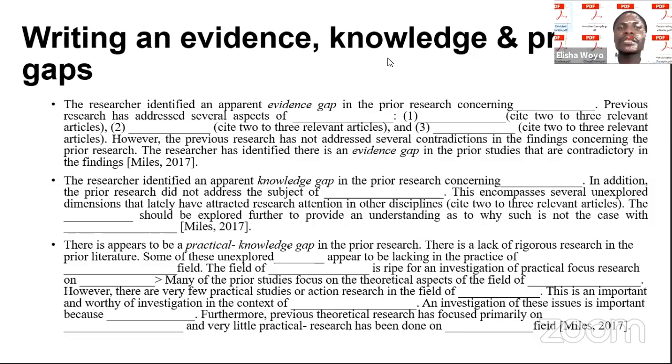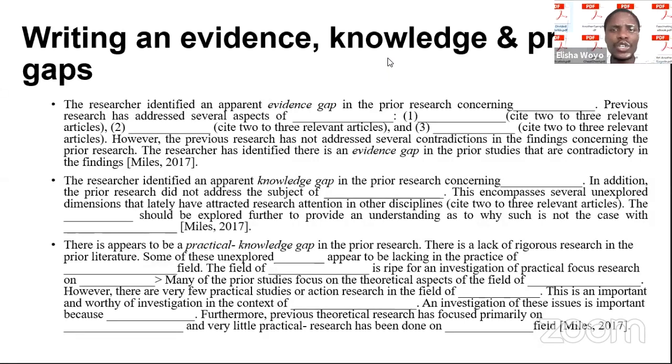So in as much as research has been done, maybe the results are inconclusive, and previous research has not concluded on that particular matter. And for you to know that there are contradictions, it means someone has read and actually done some good literature review, some good background research. So it's important to know that as you highlight your evidence gap.